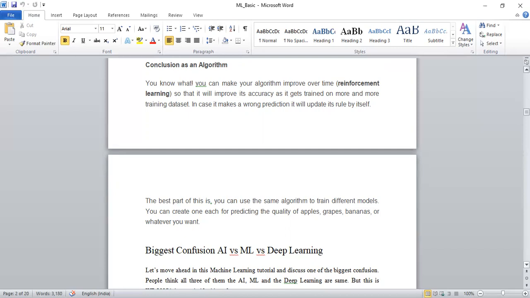Because I have mentioned now the word generic algorithm, you have to feed only the input data, the feature data, and the output variables to your machine. The generic algorithm itself creates logic to predict the output. These are the models based on the same algorithm, for different fruits, for predicting the quality of apples, grapes, bananas, or whatever you want.